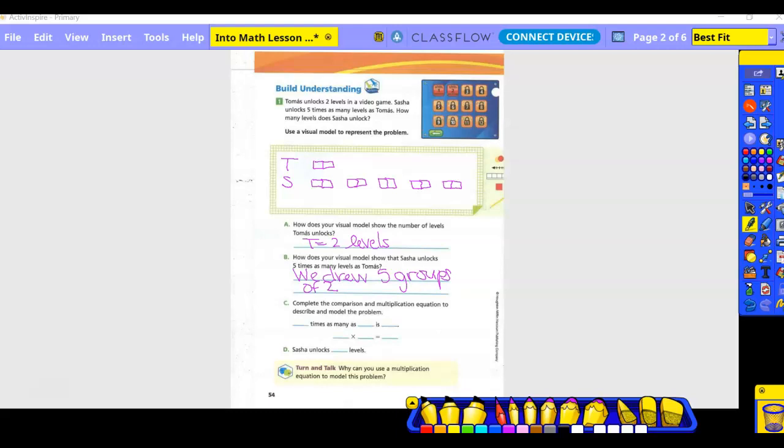Complete the comparison and multiplication equation to describe the model and model the problem. So blank times as many as, so how many times as many did we say? So once again, 5 times as many as what? How many do we have in each group? 2 is what?